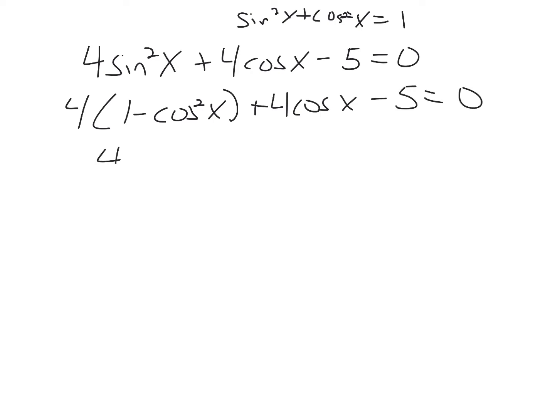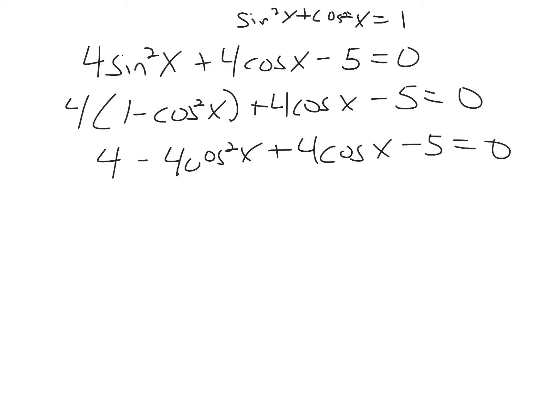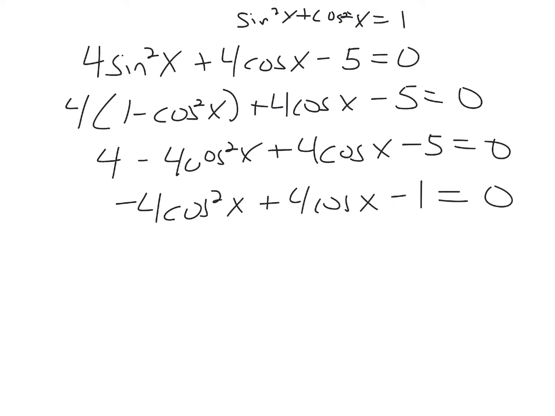Distribute the 4. And then let's combine our like terms. That's going to get us negative 4 cosine squared x plus 4 cosine x minus 1 equals 0. AC method, factors of 4 that add up to 4, well, that's 2 and 2.